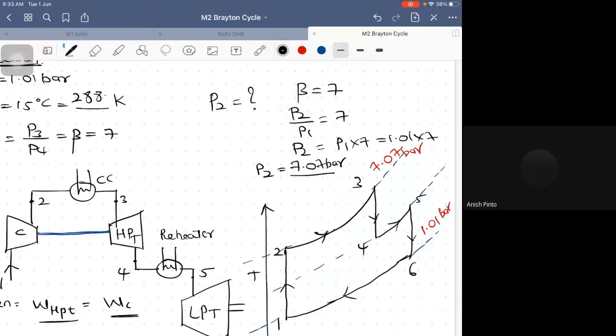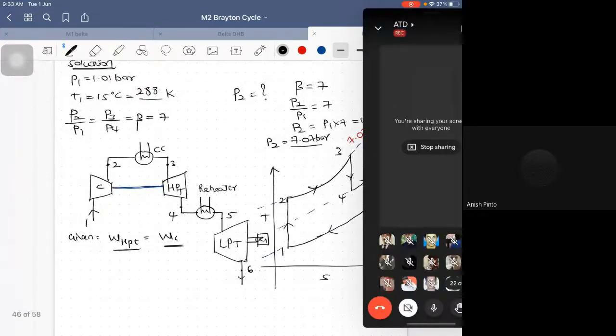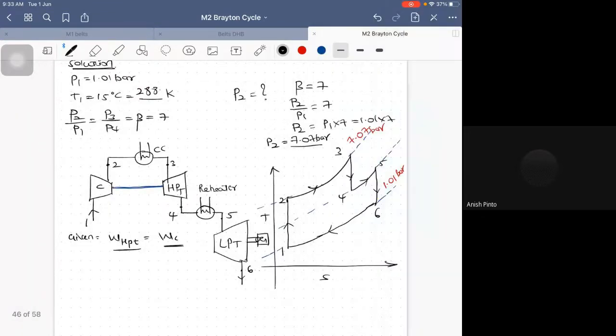So whatever the power output of LP turbine is there, that is connected to a generator. So from the output of the LP turbine you are generating the power. That is what it means.